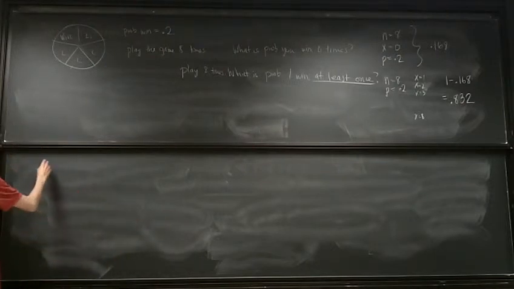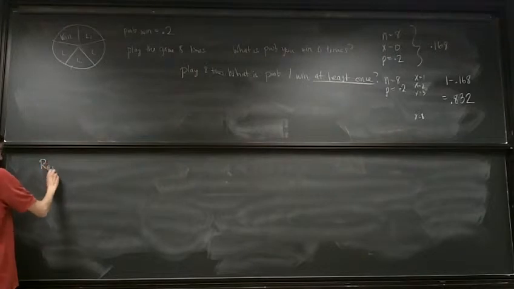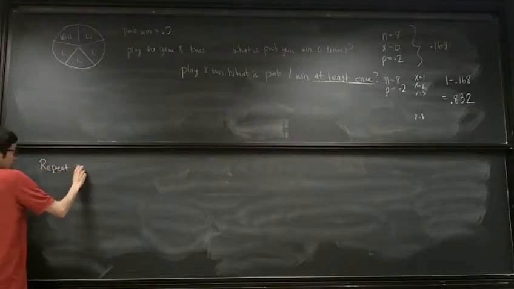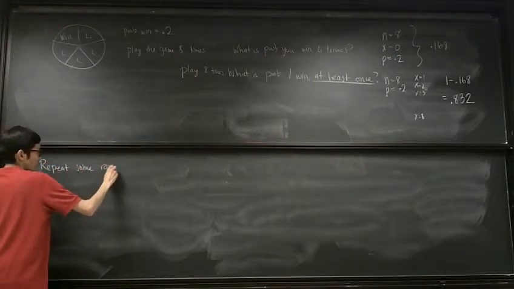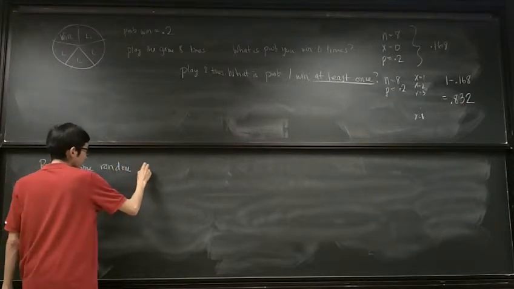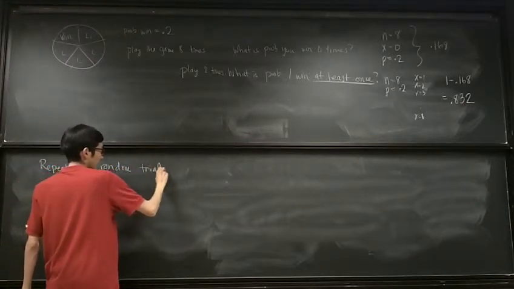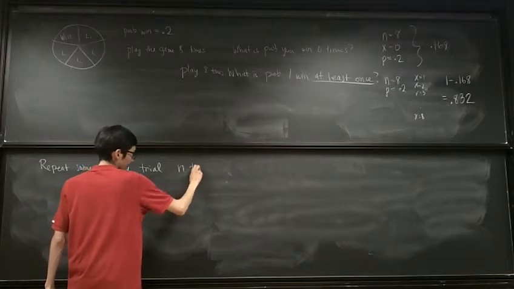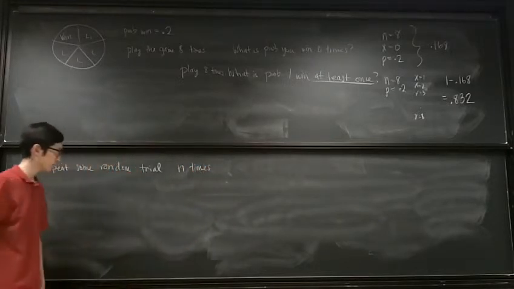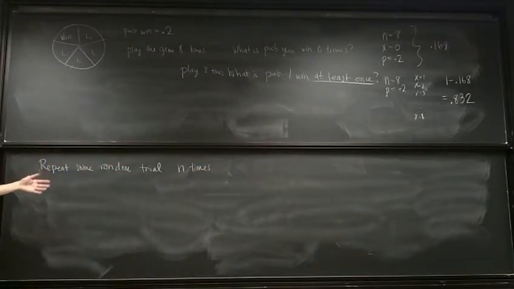So you're looking for some event, some random trial, repeated n times. This goes under the heading, how do we know it's binomial?